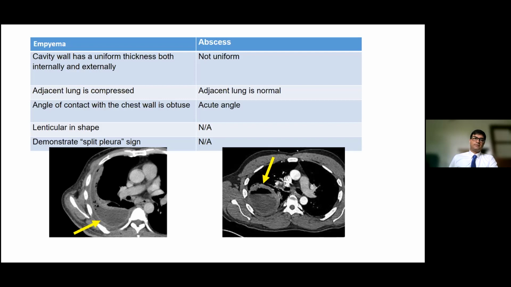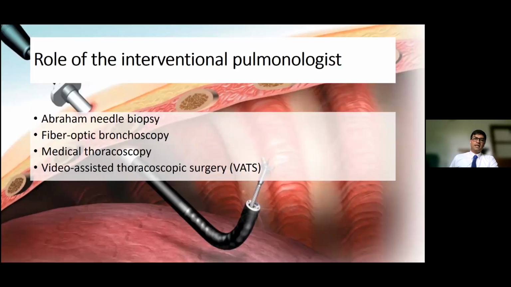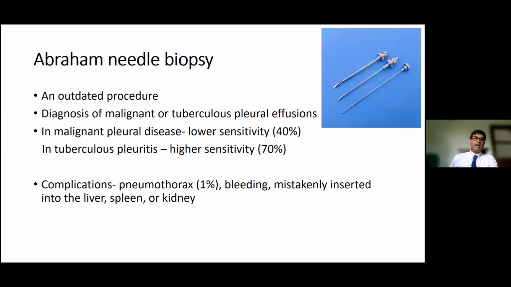What is the role of interventional pulmonology? Abrams needle biopsy, fiberoptic bronchoscopy, medical thoracoscopy. Abrams needle biopsy is an outdated procedure and has largely been replaced by medical thoracoscopy these days. It is used to diagnose malignant or TB pleural effusions.